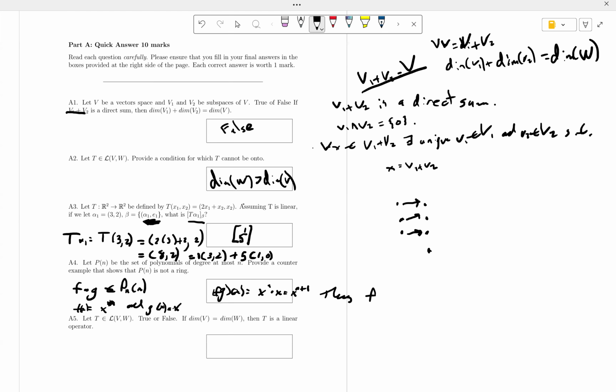Thus, fg is not in Pn. You could just provide f is x to the n, g is x, or x squared or x cubed, something of some form in this way. Or you could simply do x to the n, x to the n. As long as n is greater than 1, you're good.